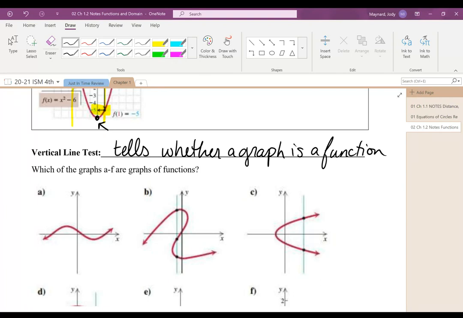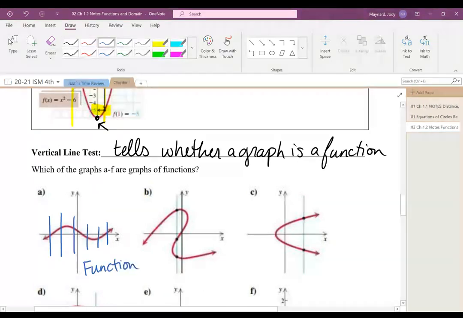So let's look at some examples. On A, if I draw a vertical line anywhere on this graph, it will only intersect the graph one time, which tells me it is a function. If we look at letter B, if we draw a vertical line right here, it does intersect the graph only one time, which is good.